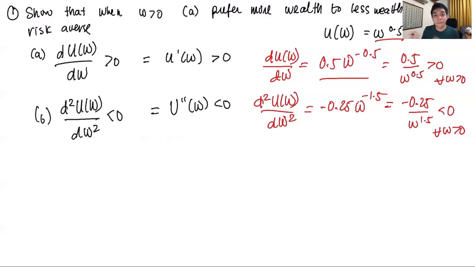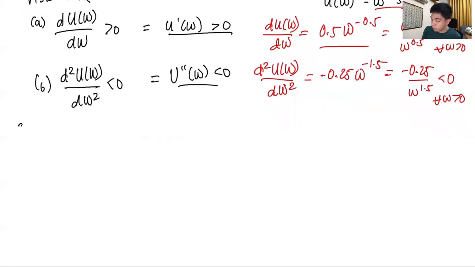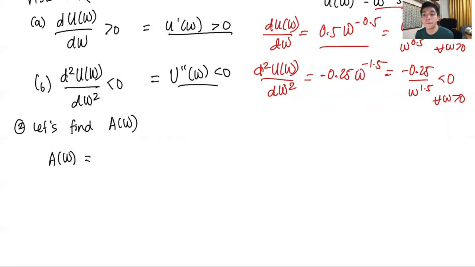Now we actually have the components of the Arrow-Pratt absolute and relative risk aversion measures, because we need the first and second order derivatives to compute them. So the second one is to find A(W), the Arrow-Pratt measure of absolute risk aversion, which is equal to the negative of U double prime W, the second order derivative, divided by the first order derivative.